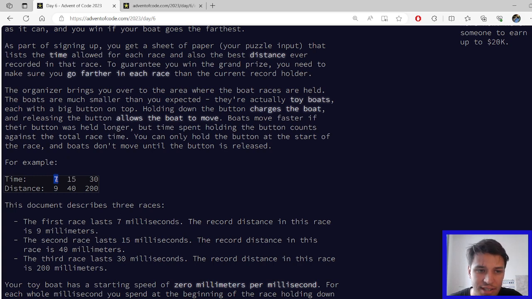And the race works the following way. If we have, for example, 7 milliseconds, we're allowed to spend some amount of those milliseconds charging, and the rest of the race will be moving, and the speed is corresponding to the time we spend charging.